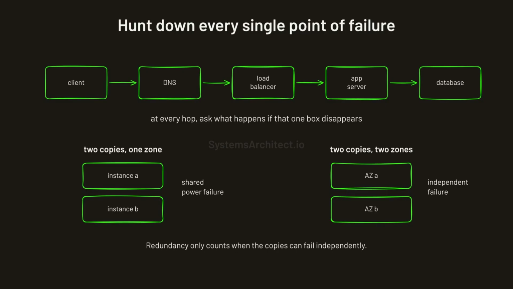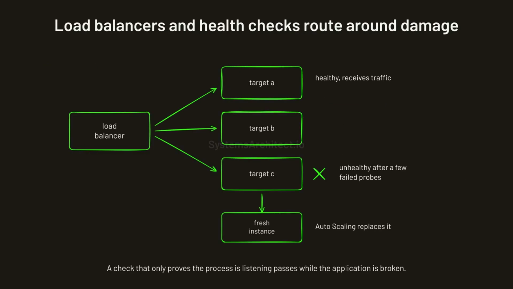Redundancy only counts when the copies are genuinely independent. Two instances in the same zone still share a power failure. Redundancy is useless unless traffic stops reaching the broken copy. That job belongs to a load balancer paired with health checks. An application load balancer distributes HTTP requests across targets in multiple zones. It probes each one on a short interval.